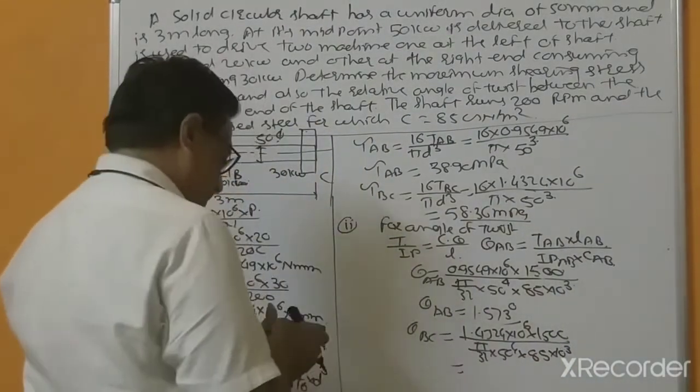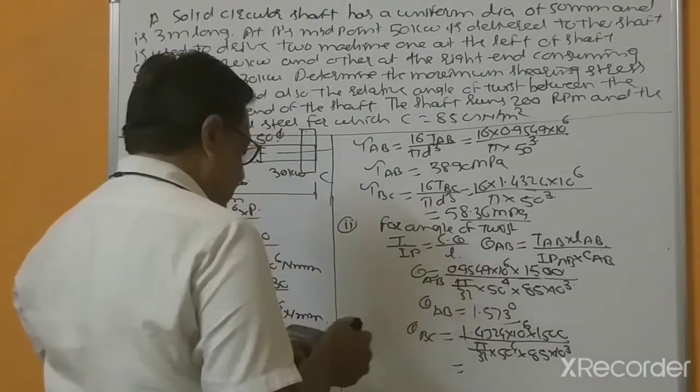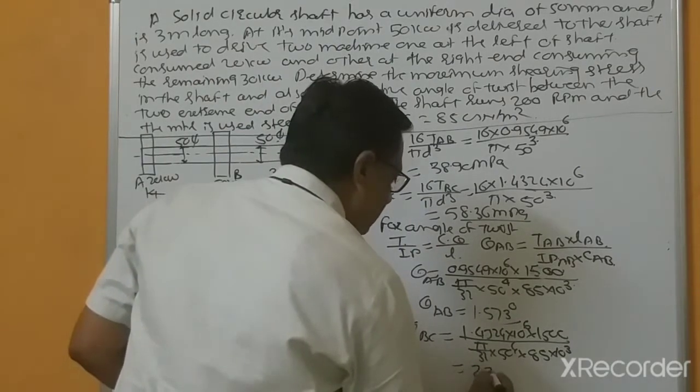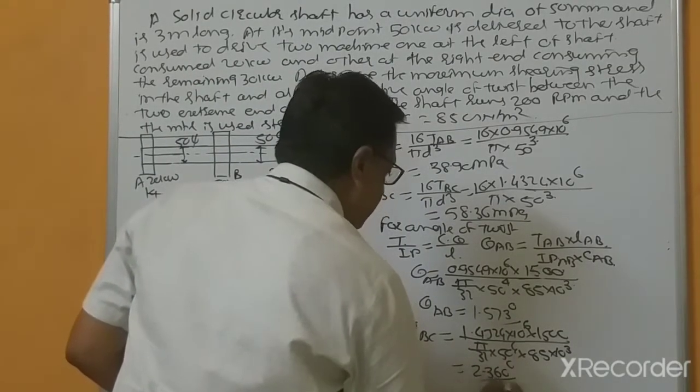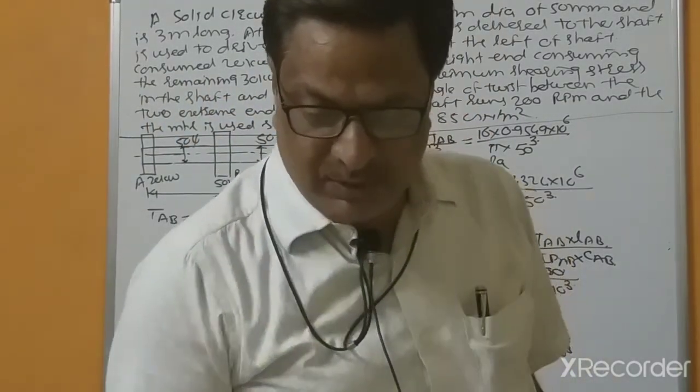This is 1.5 times greater, so that's why this is 2.360 degree. Means the angle of twist for the BC shaft is more as compared to the AB shaft.